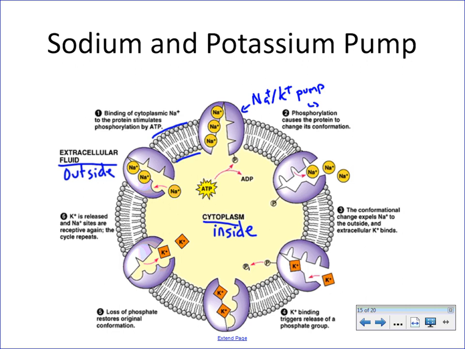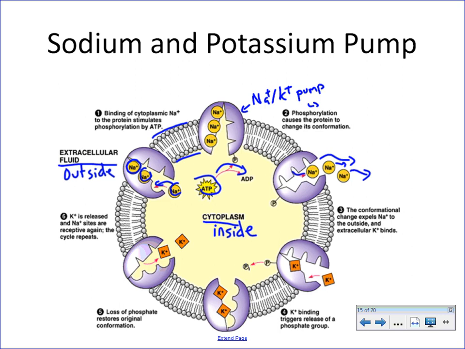So in the first part of this, you'll have 3 sodium ions that will bind to the pump. And then you'll have ATP, which will be used to transport or release those 3 sodium ions to the outside of the cell.